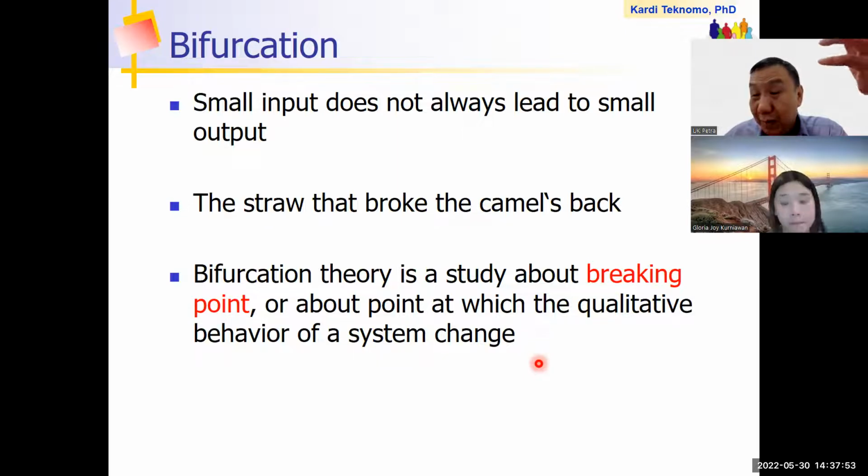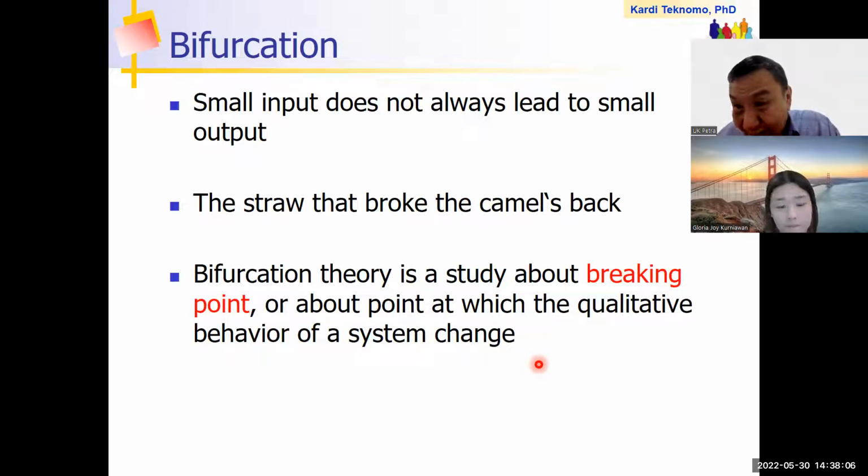When the amount of sugar in your blood increases, at a certain point, no problem. But up to a certain threshold, a biological threshold, suddenly you become diabetic, and cannot come back, right?